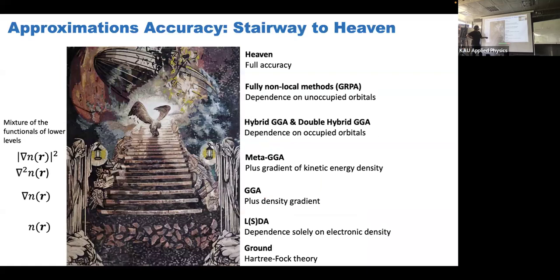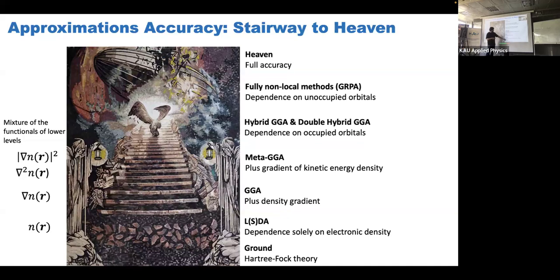And there is some accuracy stairway for these methods to approximate exchange correlation. The ground here is Hartree-Fock theory. From Hartree-Fock theory, this problem arises. We first knew about this exchange integral from Hartree-Fock theory. Then it goes LDA, the Thomas-Fermi model, improved a lot of times since the time of Fermi and Thomas.